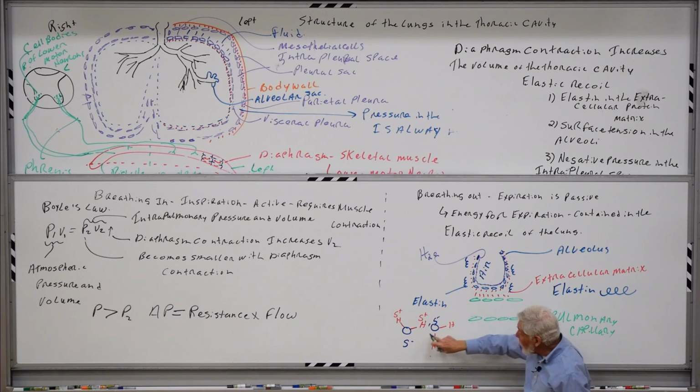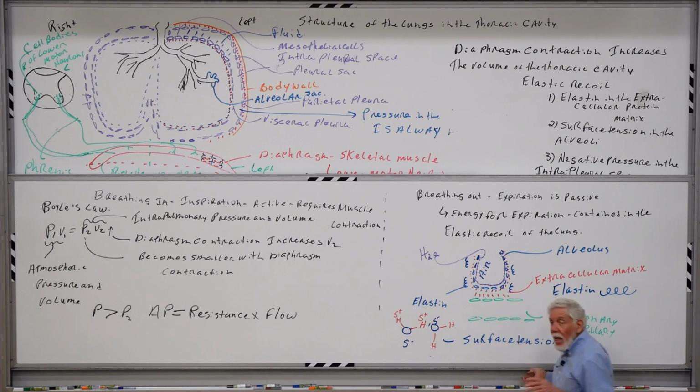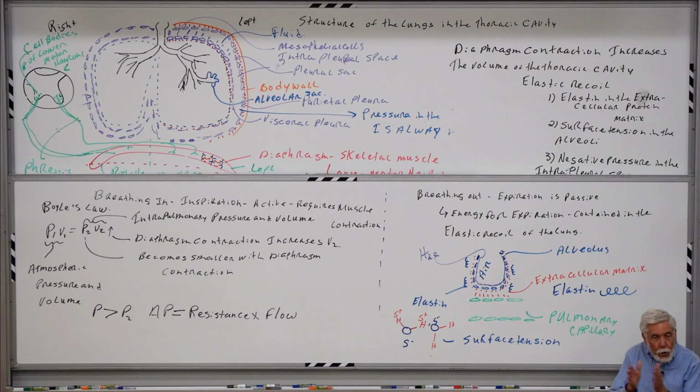The interaction of these water molecules and their hydrogen bonds generates something known as surface tension. If any of you have ever taken two plates of glass and put a little bit of water on them and then put the two plates of glass together and tried to pull them apart again, you understand the strength of surface tension. This is a remarkably strong force.